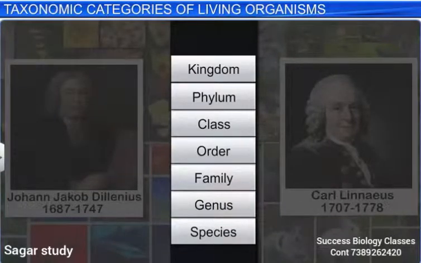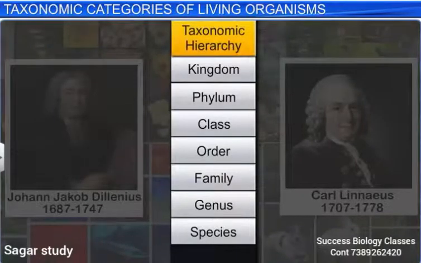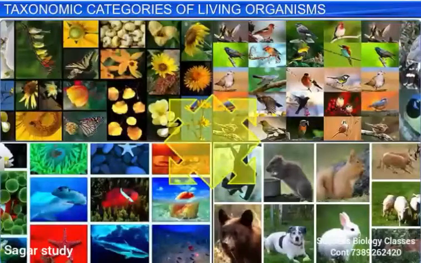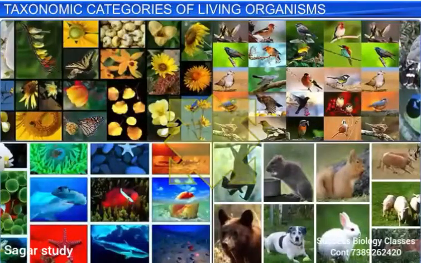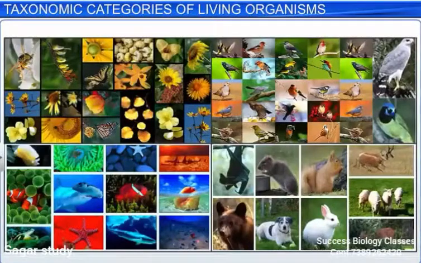Since a category is a part of the taxonomic arrangement, it is known as a taxonomic category, and all categories together constitute the taxonomic hierarchy. Although the classification of living organisms seems difficult, you need to have a good knowledge of the characters of an individual organism or a group of organisms to classify them. This also helps you identify the similarities and dissimilarities among the same and different kinds of individual organisms.